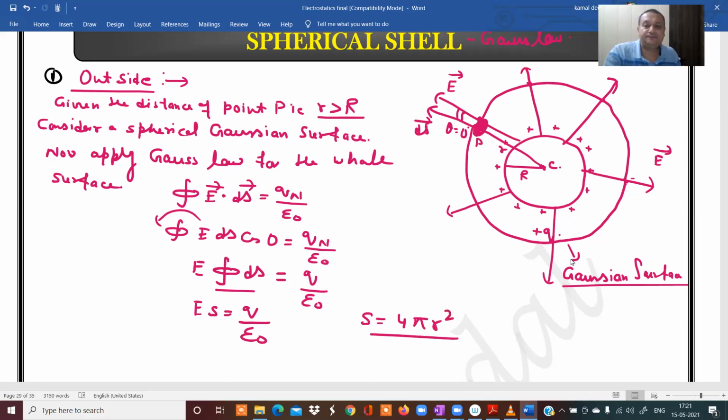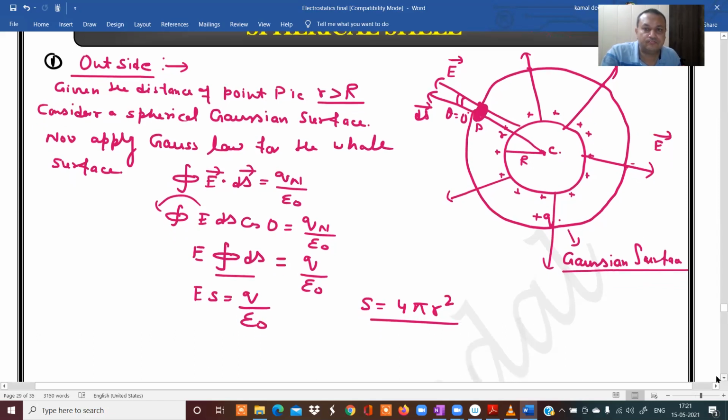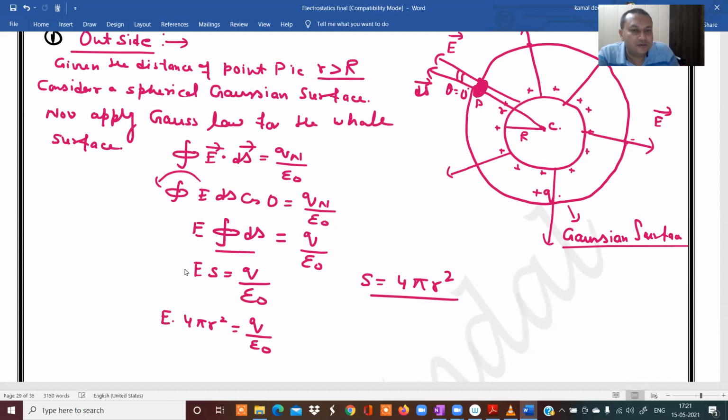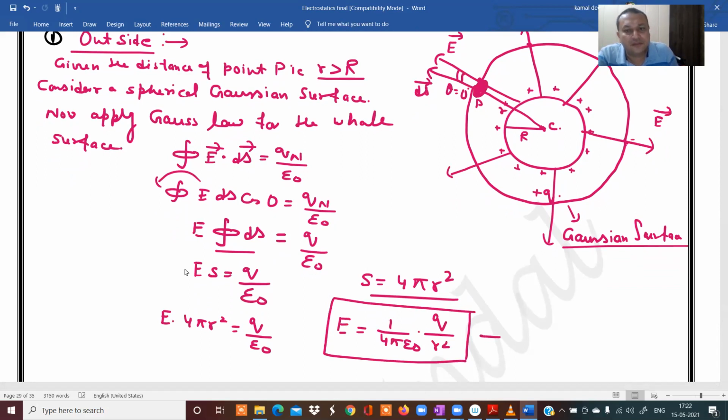So E into 4 pi r square equals q upon epsilon naught. So E equals 1 upon 4 pi epsilon naught times q by r square. That's all. This is the final formula.